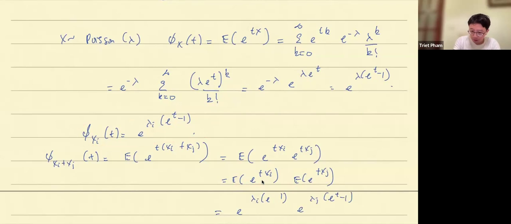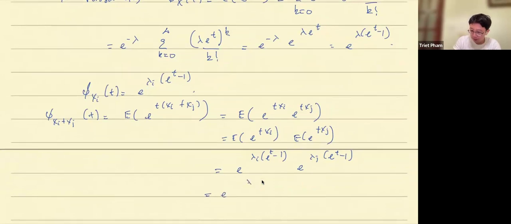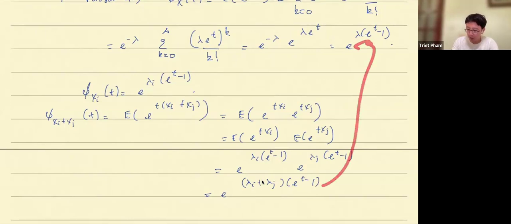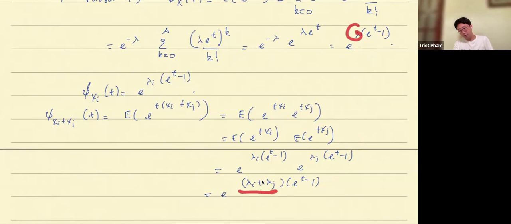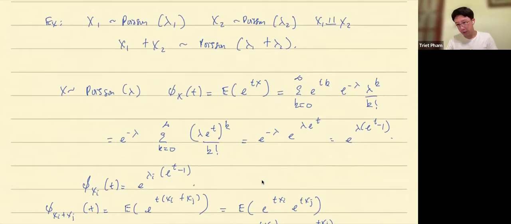But then you see, again using the fact that the product of exponentials is the exponential of the sum, it gives us this. Which is exactly this structure, but with lambda being replaced by lambda i plus lambda j, from which we can conclude that Xi plus Xj must be a Poisson random variable with that rate.